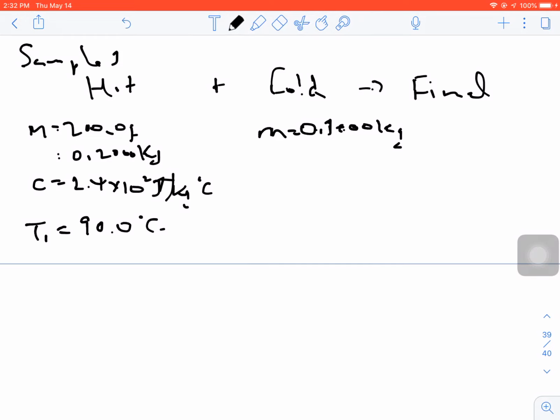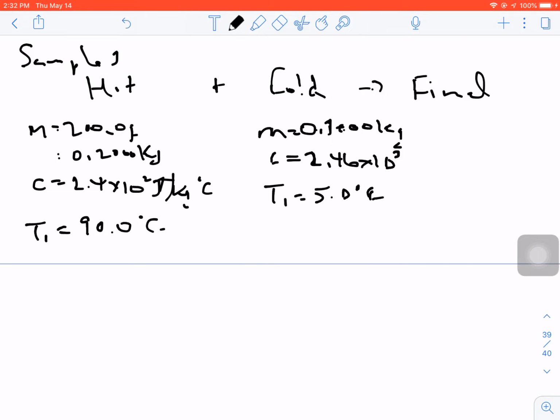I know the C value for ethyl alcohol from the chart is 2.46 times 10 to the power of 3 joules per kilogram degree C. And I know the starting temperature for the alcohol was 5.0 degrees C. Okay, so now I'm kind of stuck because I don't know any more information from the question.